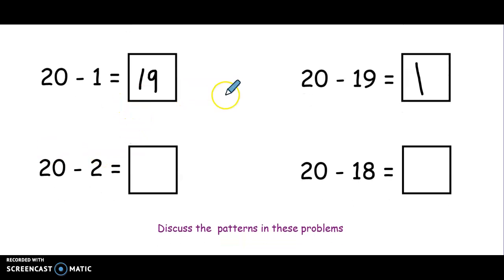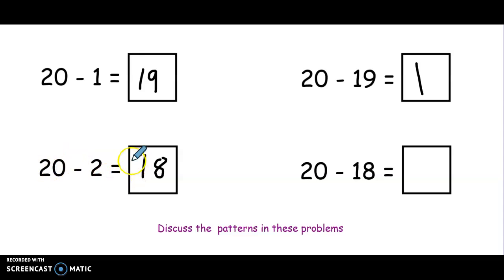I can see the pattern. Now we're taking away 2. So 20, count down 2. We're going backwards 2. What do you think it is? Did you say 18? You're correct. You could also look over here and it might give you a clue.